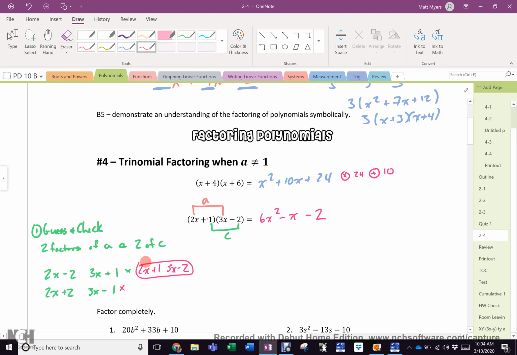Okay. I don't like it, and here's why. What if this were 18 and this was 24? 1 and 18, 2 and 9, 3 and 6 for the first choice, yes? 24: 1 and 24, 2 and 12, 3 and 8, 4 and 6.